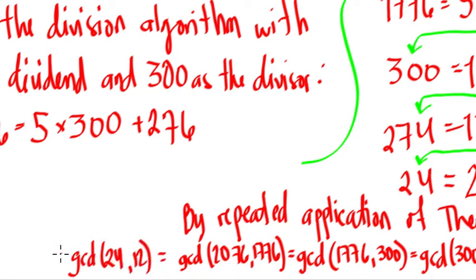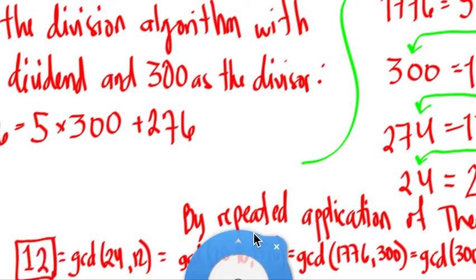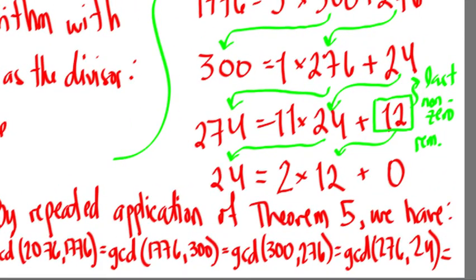And what is the GCD of 24 and 12? Clearly, it is 12 itself.